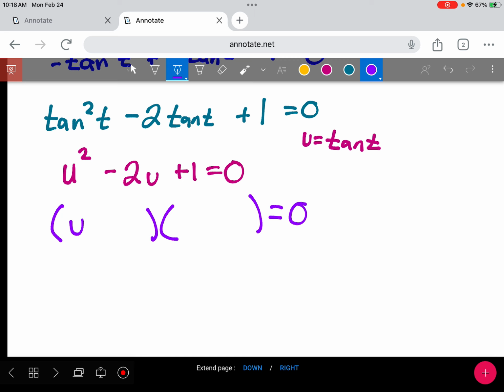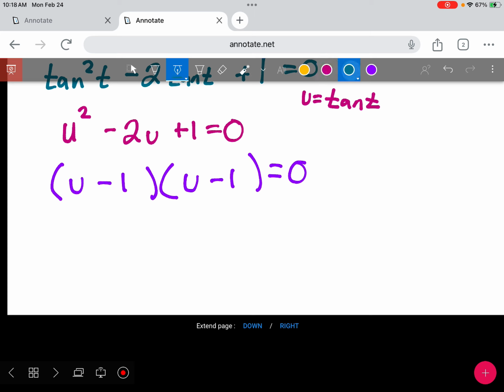U minus 1 and u minus 1. So we're really only looking at when u equals 1, right? Those are our solutions for both of those pieces.